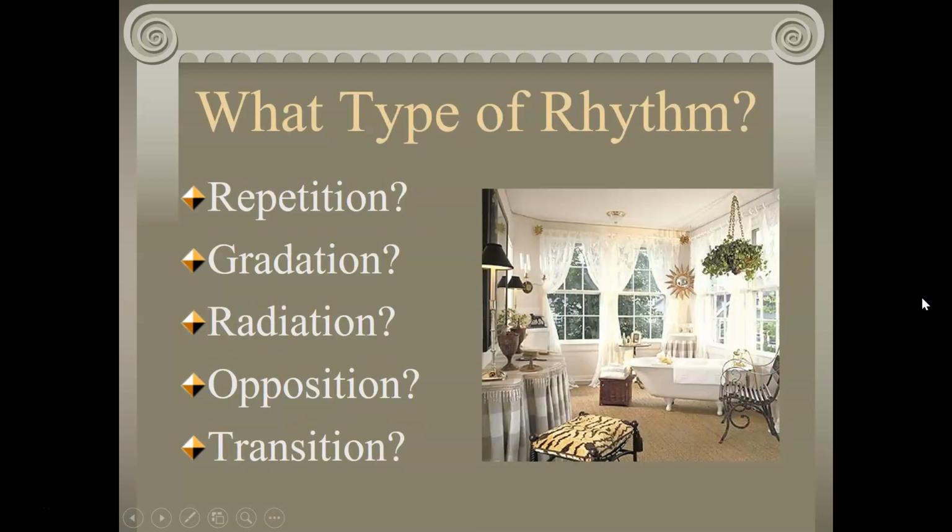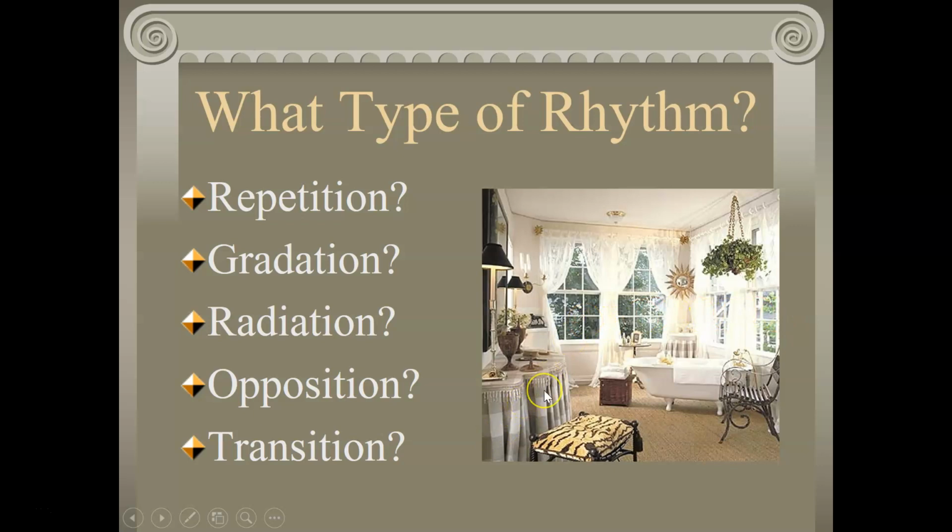What type of rhythm? Repetition, gradation, radiation, opposition, or transition. So what type of rhythm would this be? What do you guys think? I think the type of rhythm would be repetition, because you have the curtains and you have the lines in the windows.